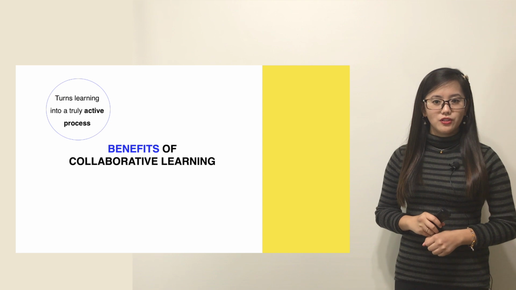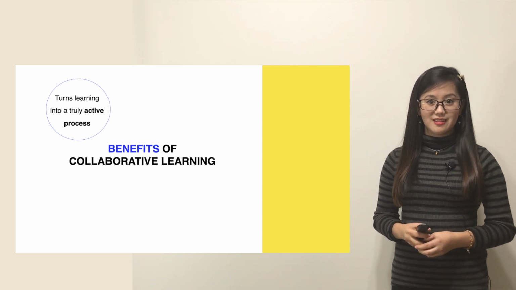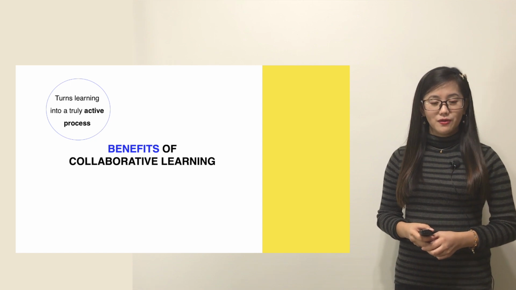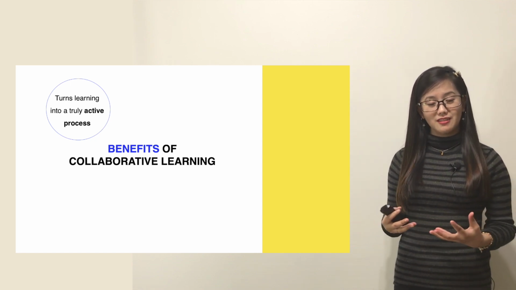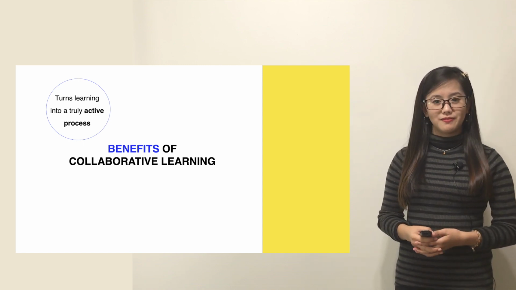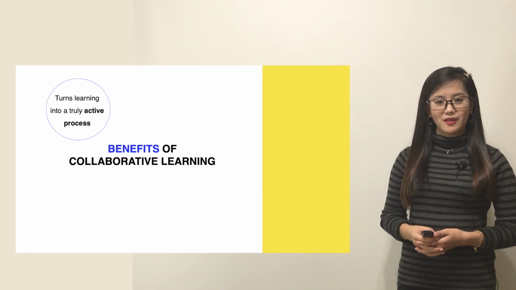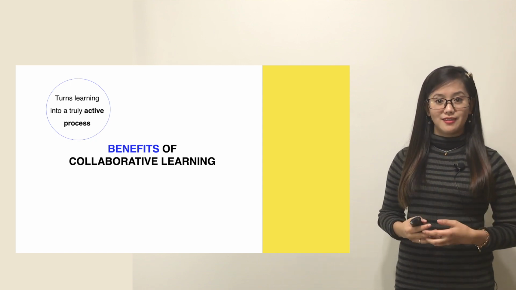Using this approach, learners become more active in class. Don't you think so? When you were doing collaborative activities, were you active in class or passive? Using this approach helps you to become more active.